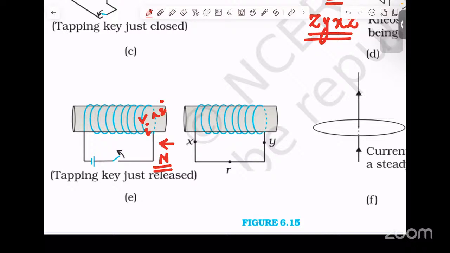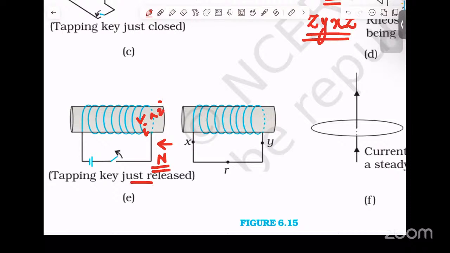Okay. So if it was acting like North Pole, on this side, in the second circuit, when the key is just released, just released means it's a break current, okay.